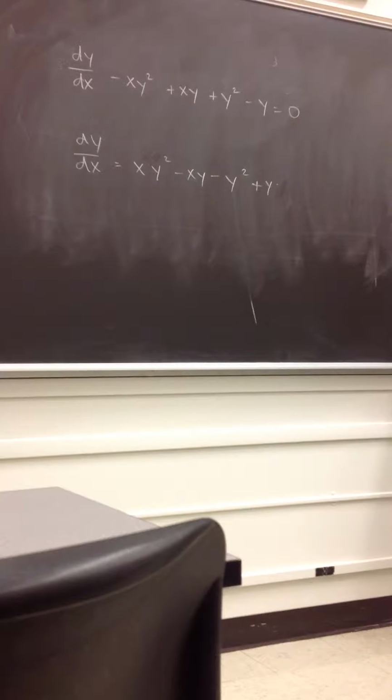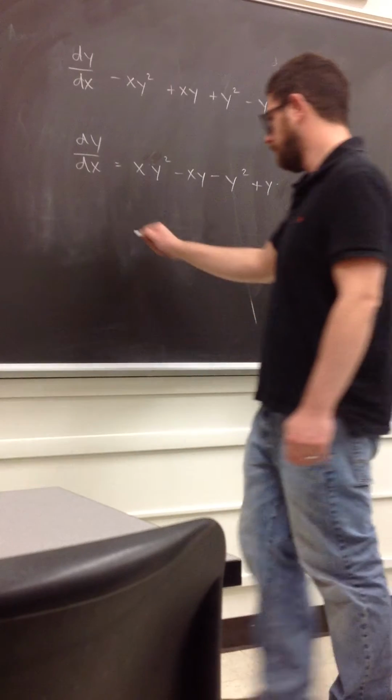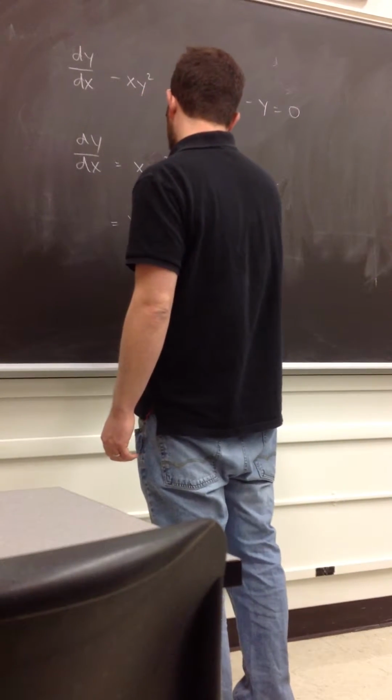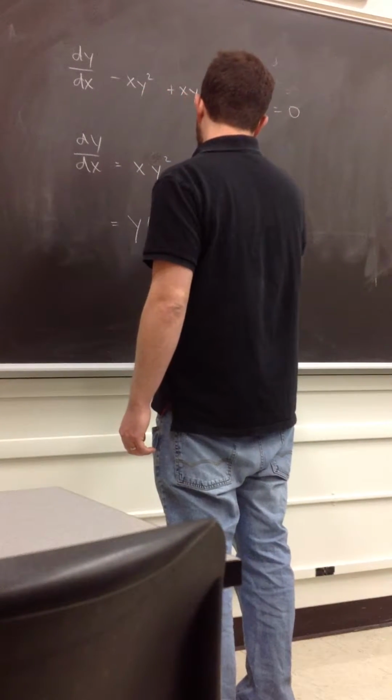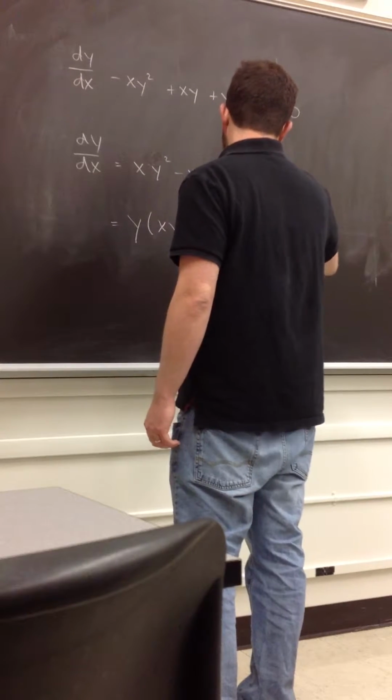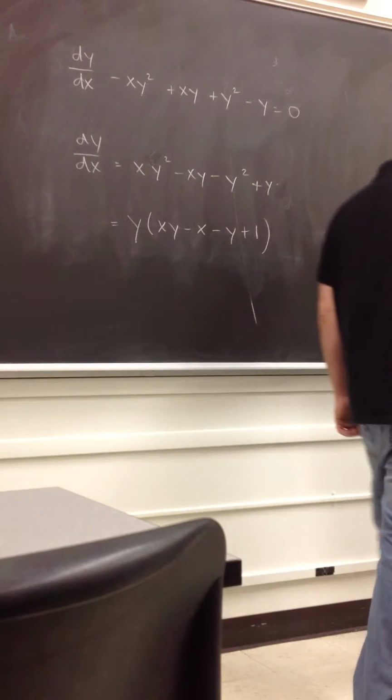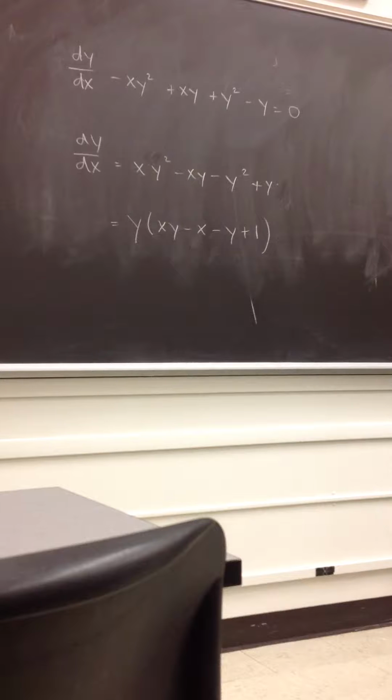Take a y right out, a common factor of y, so it's a good start. So we have factored, but this right now doesn't mean that it's separable, right? The first factor only contains y, but the second factor contains both x and y.